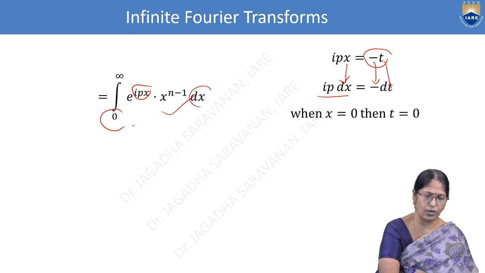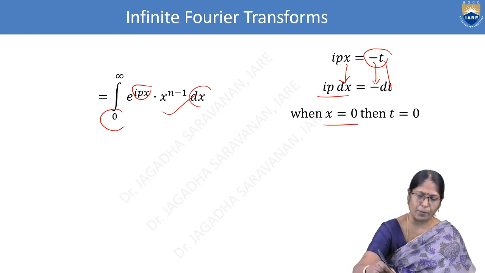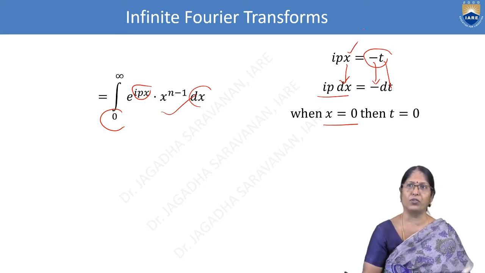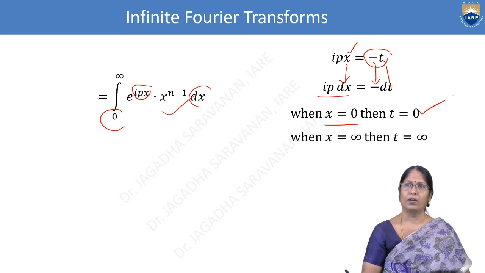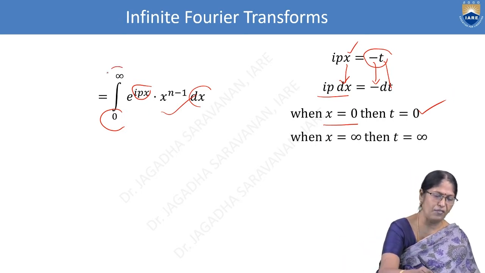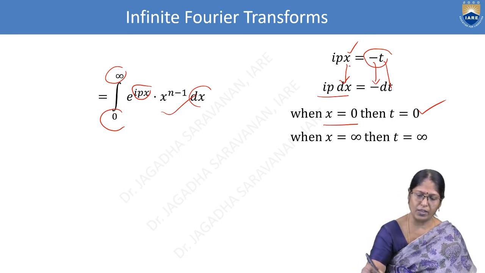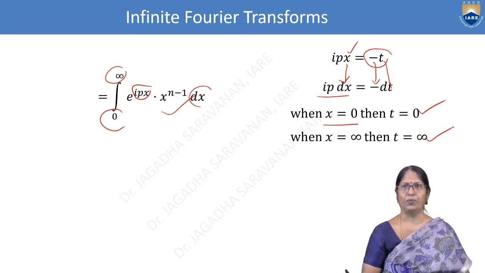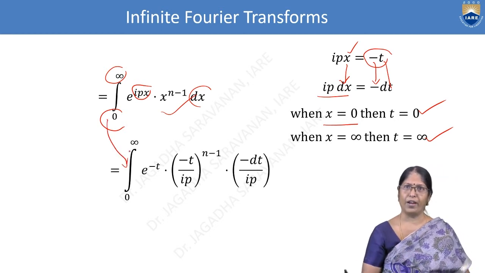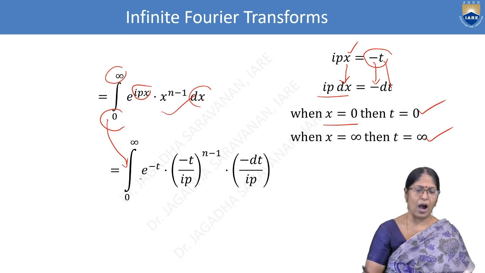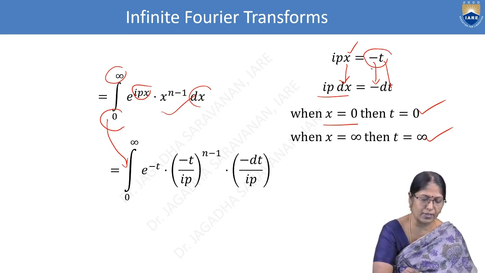When x equal to 0, what about t? We will substitute 0 in the place of x. Then t is becoming 0. When x equal to infinity, what about t? T is also 0. Now 0 to infinity, fine. E power ipx, what we assumed, is minus t.